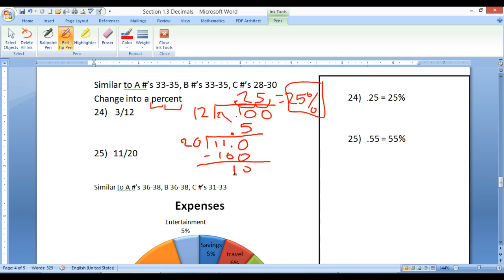I have 10, so I need another 0 to bring it down. 20 into 100, hey, that goes in perfectly. 20 into 100 is 5. 5 times 20 is 100. Subtract is 0. So the answer is 0.55. That's perfect. And how do we change that to a percent? Move the decimal over 2 times. So I have 55%.